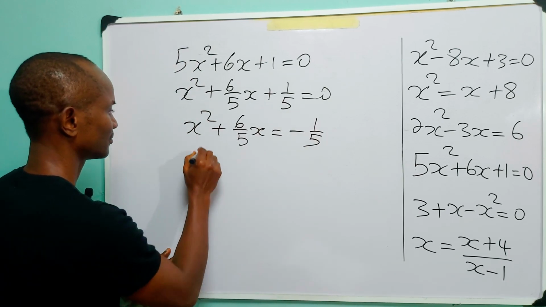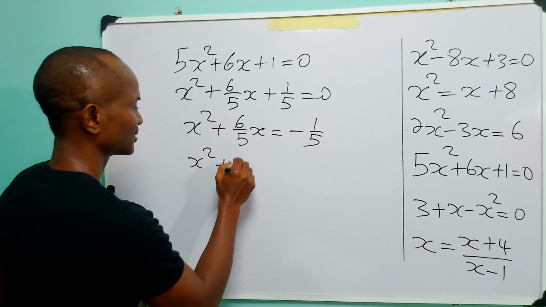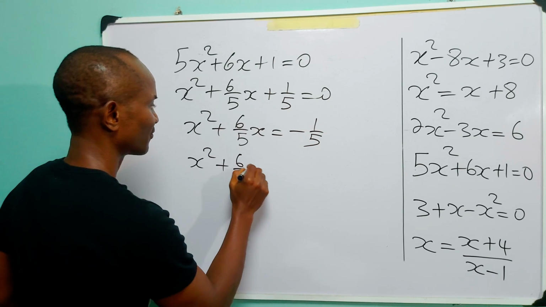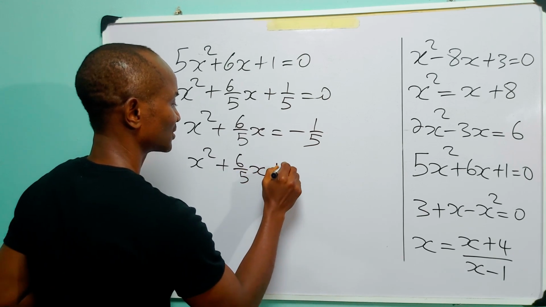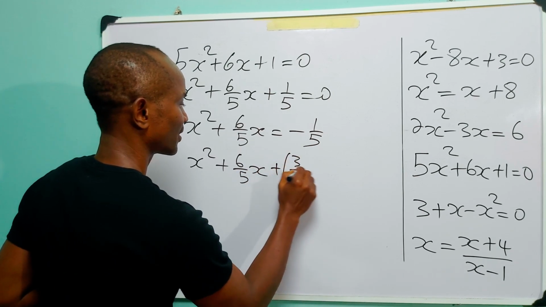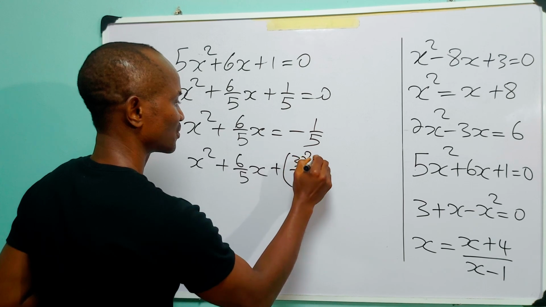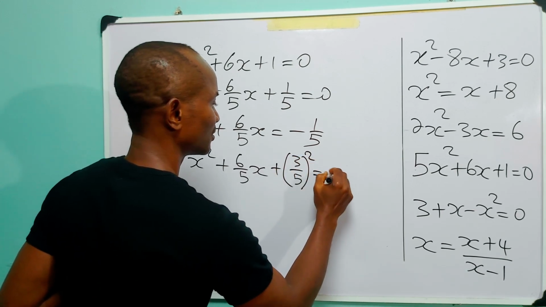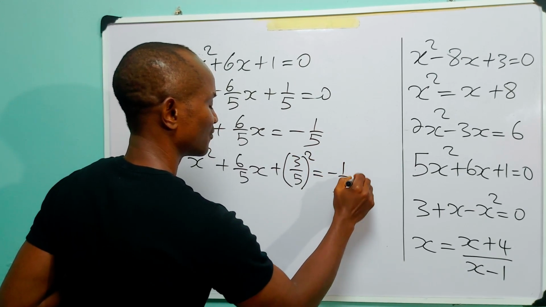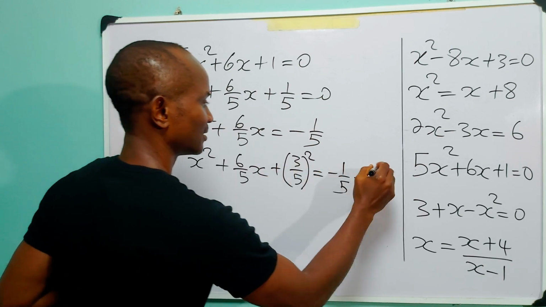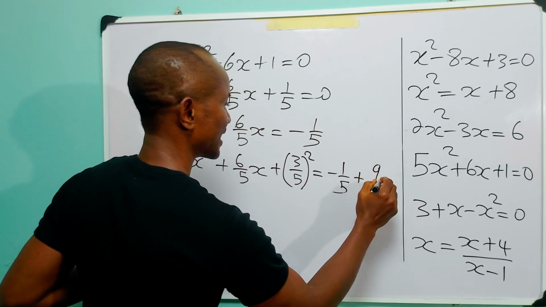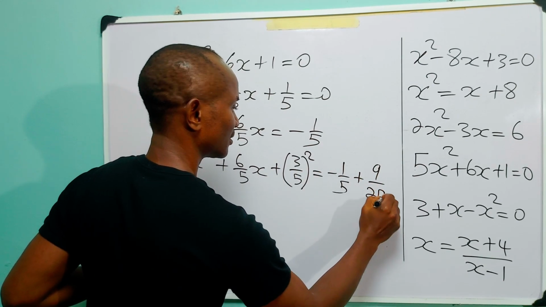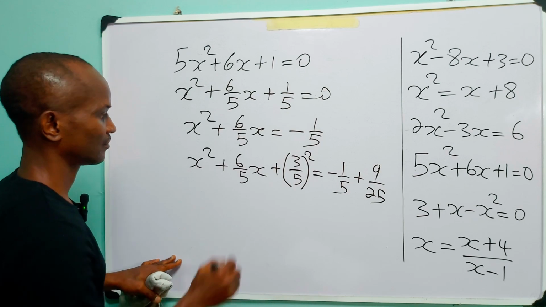So we have x squared plus 6 over 5x plus 3 over 5 squared is equal to minus 1 over 5 plus, this becomes 9 over 25.